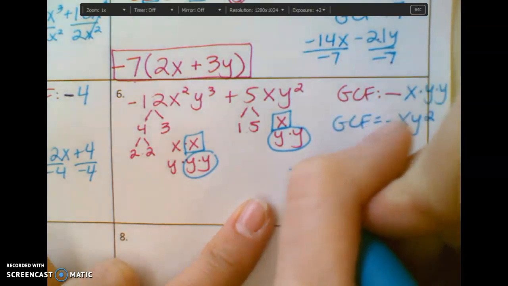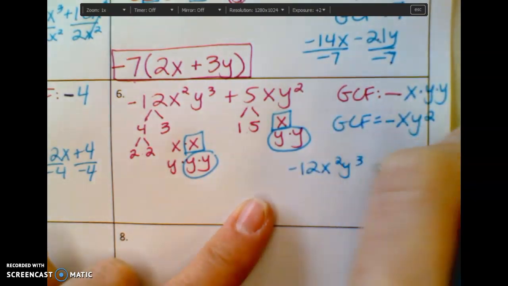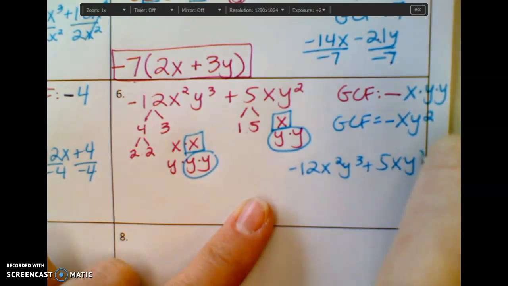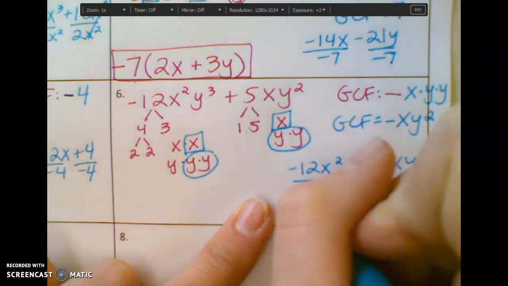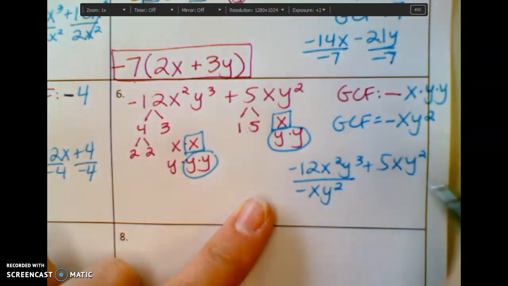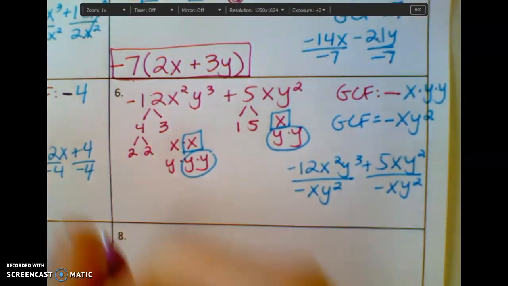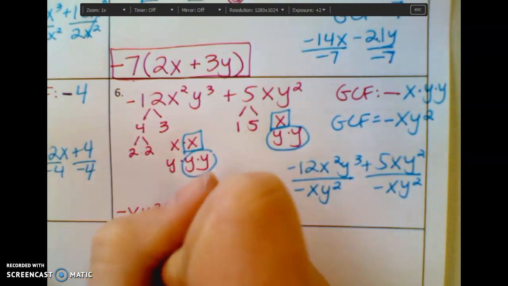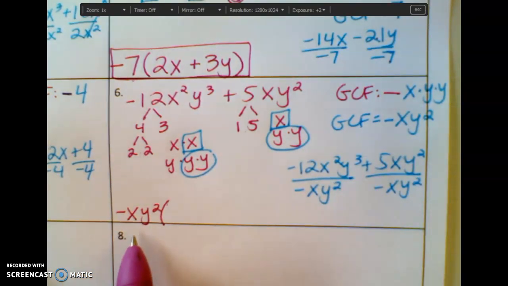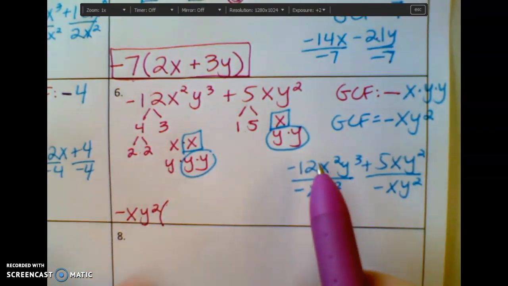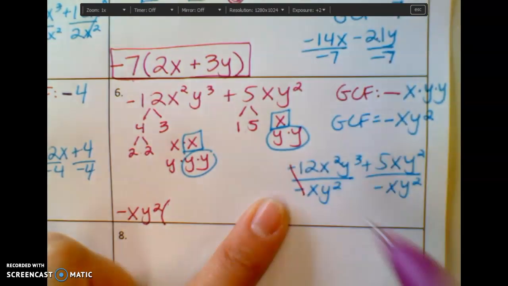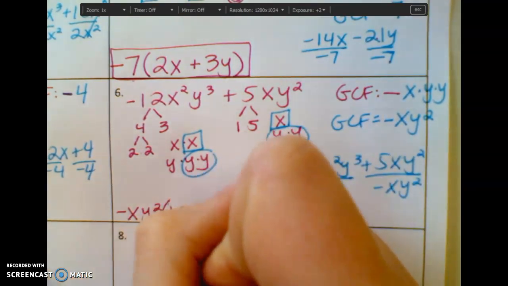So let's divide our original problem by that and see what we're left with. Don't forget to take out that negative. Negative xy squared. So I know that goes first in my answer because it's my GCF. Now we can start canceling. Well, a negative over a negative is a positive. We leave the 12.